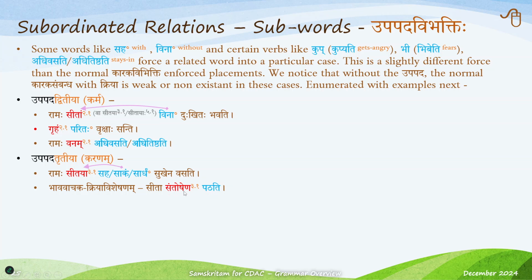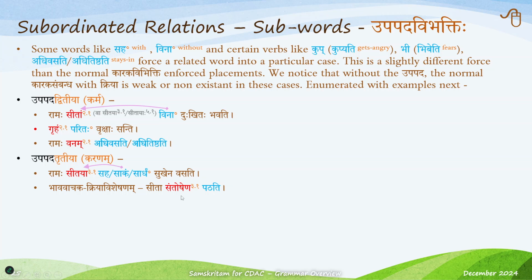There is a variant. For example, if you use the sa prefix with santosha, sa santosha means with happiness. Since with has already come, okay, it takes dvitiya form. Sita sa santosham pathati. It won't take the tritiya vibhakti form in that case. Sa santosham pathati, like that, with happiness.